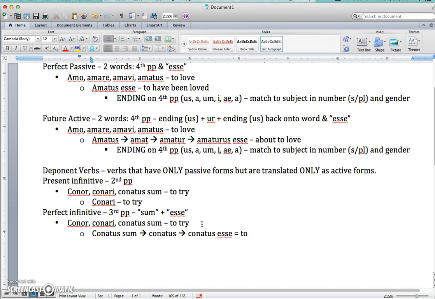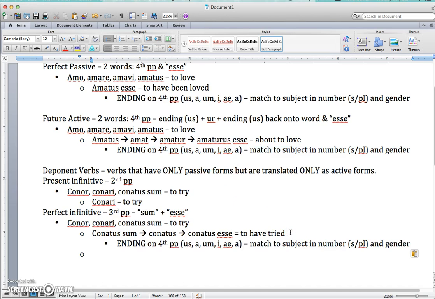It's perfect, so we put have. And it means to try. So to have tried. Make it sound right in English and you'll be fine. And I'm going to copy this up here. The ending on that first word uses that same concept of matching to whatever you're talking about in number and gender.